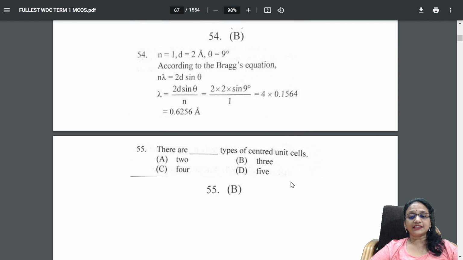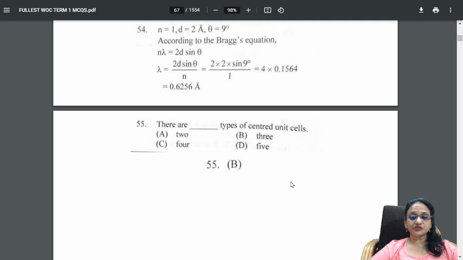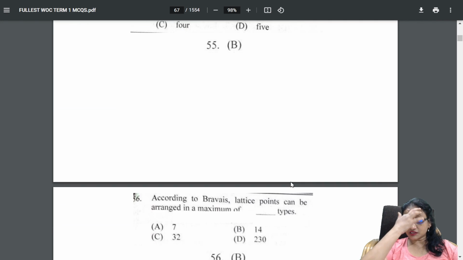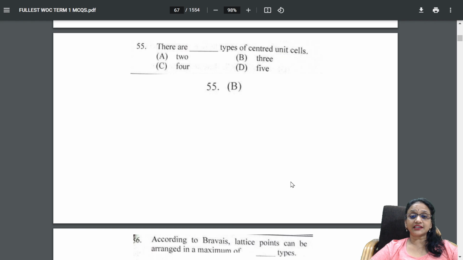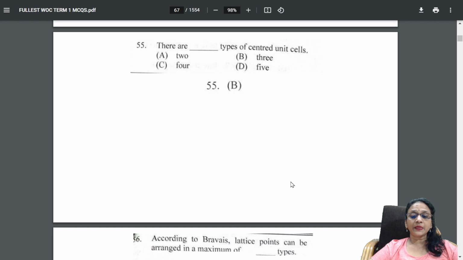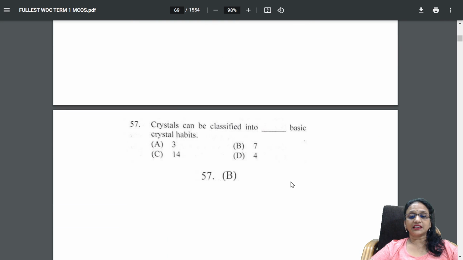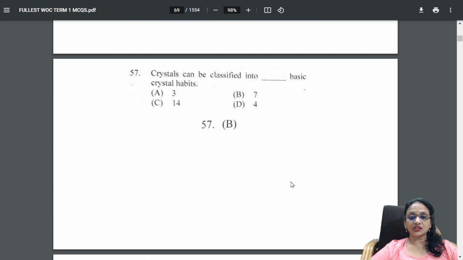And there are several types of unit cells, we have seen the classification, so they're going to ask you a question on the unit cell type. Then comes Bravais lattices, a question will be asked like this. Please check. Then comes crystals, how are they classified?